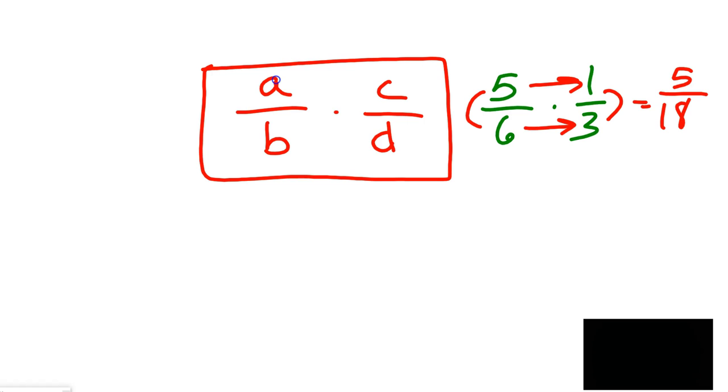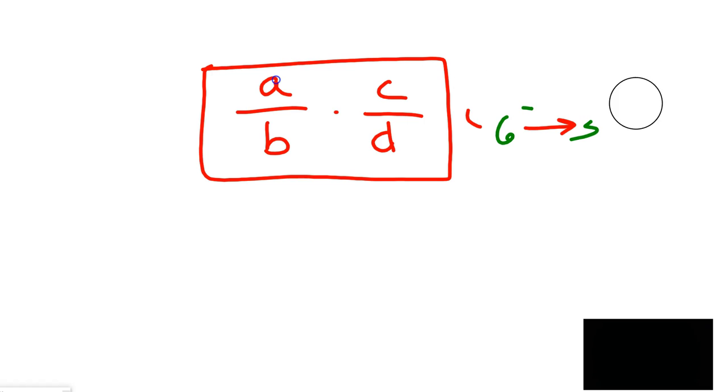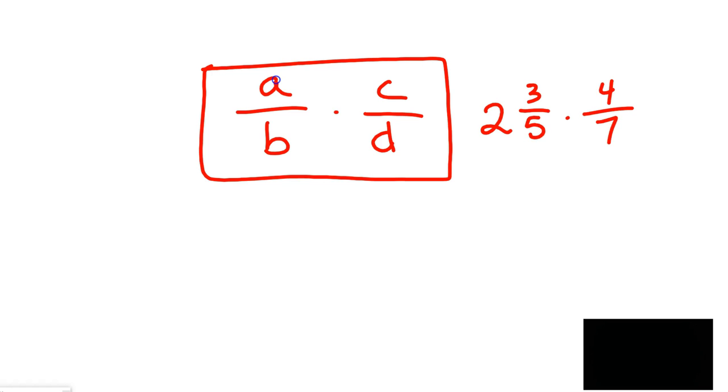So let's throw another one at you that is not in that form. And you just need to use your knowledge of going from mixed to improper to get that done. So 2 3/5 times 4/7. Once again, I have a number over a number, the c over d. That's good. I don't have a number over number here.